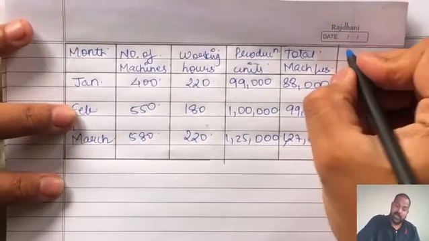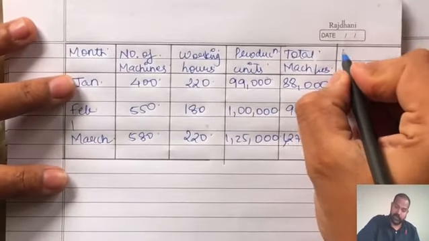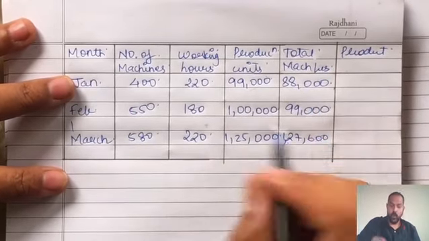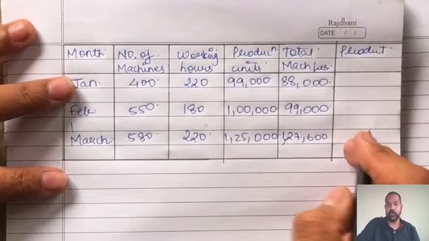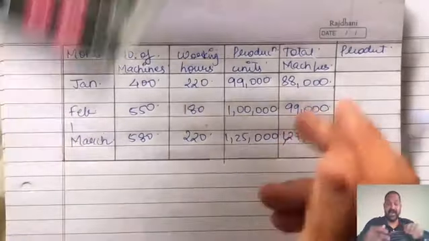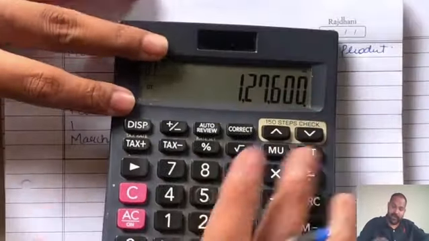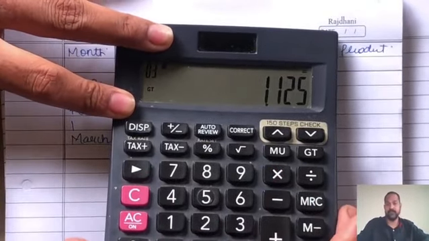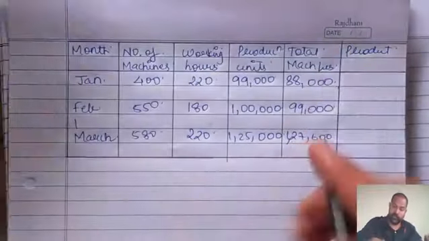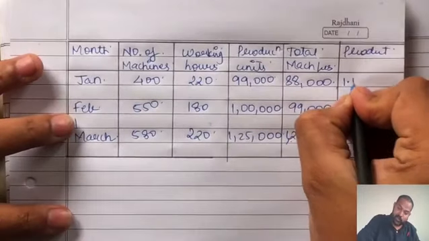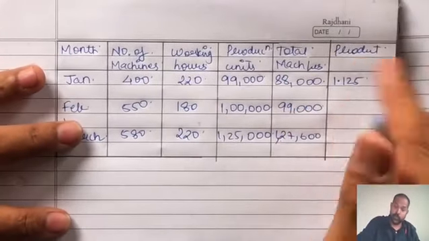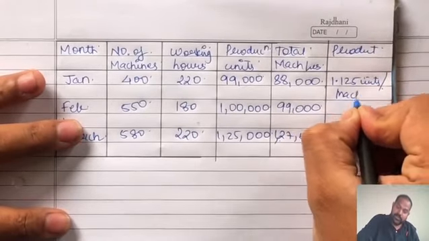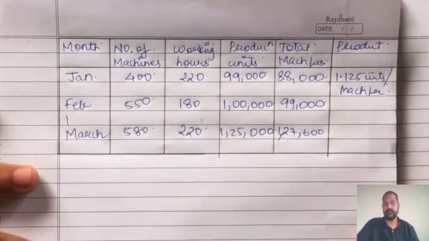So if you are asking me the per machine hour productivity, what is your output against what is your input? My output is 99,000 divided by 88,000. Cancelling the 1,000, the answer is 1.125. So the productivity is 1.125 units per machine hour.